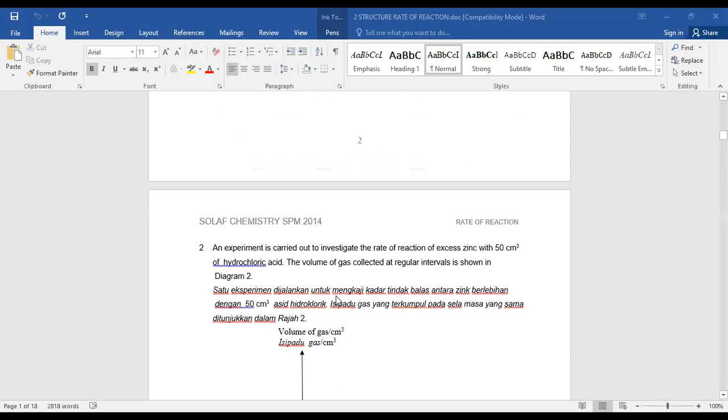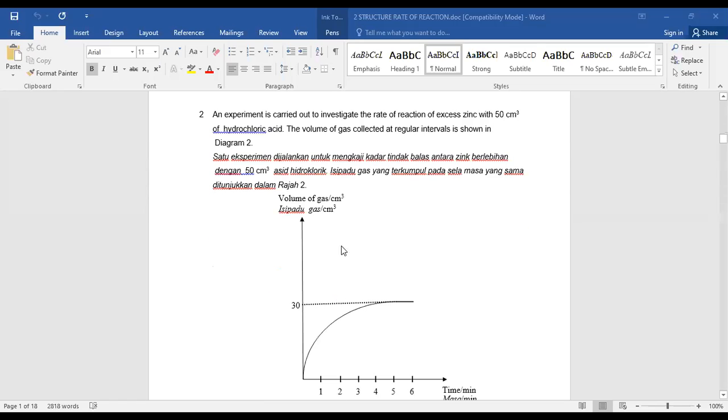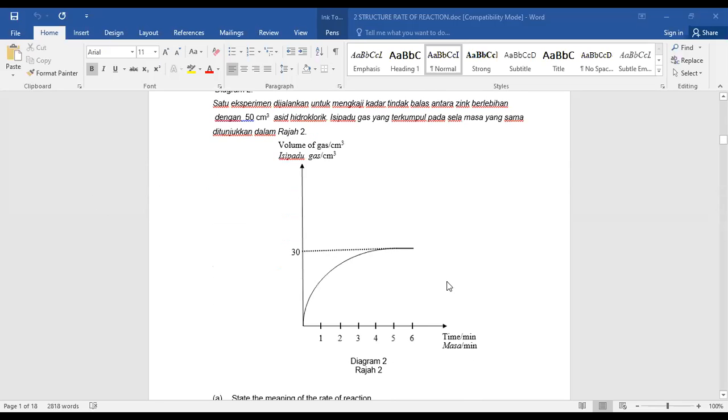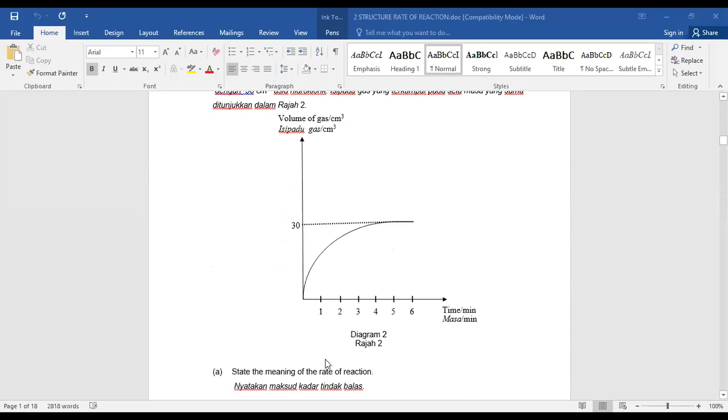Okay, now the next part of the question, can you see? Another example of the question. An experiment is carried out to investigate the rate of reaction. Again, you see the zinc with the hydrochloric acid. The volume of gas released is given to you. Now, state the meaning of rate of reaction.